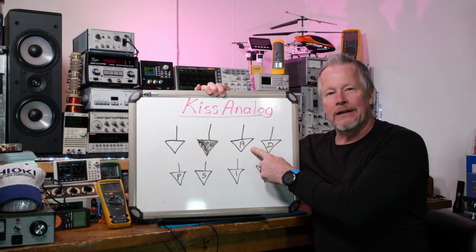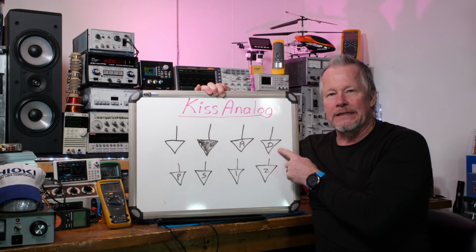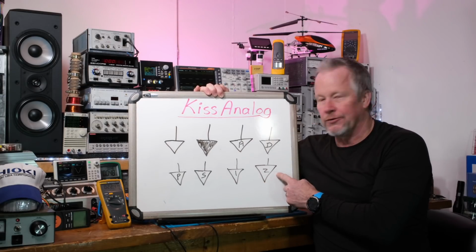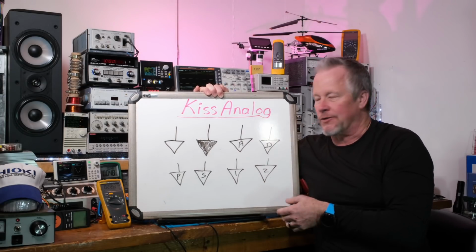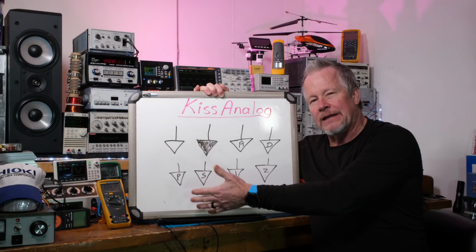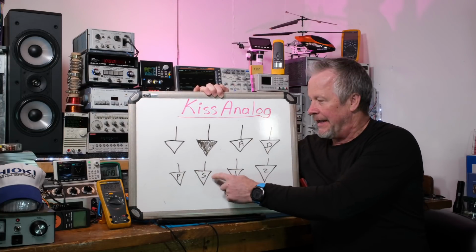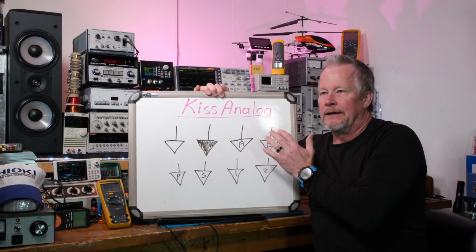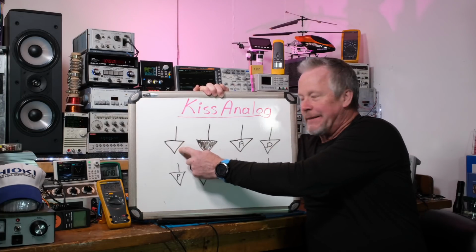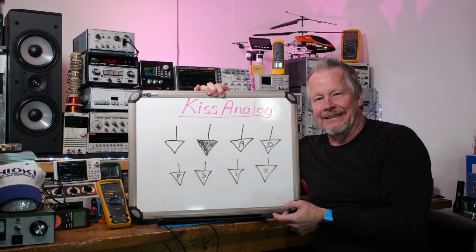It could have a letter in it, like A for analog ground, D for digital ground, or just 1 ground, 2 ground, 3, 4, 5, 6 ground. Or it could be P. Now, that's not for power, that's for primary ground. S, a lot of people use that everywhere for signal ground. Really, signal ground just needs to be this guy. It doesn't need to have an S in it.